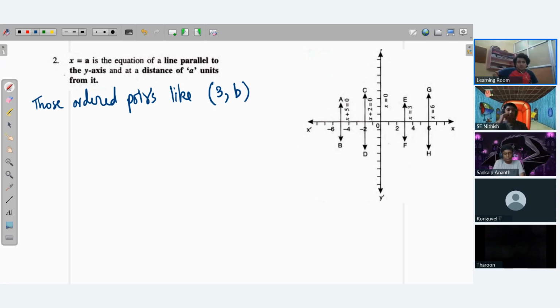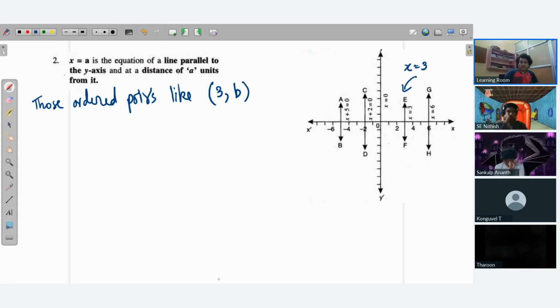If I collect all such ordered pairs and plot them on the Cartesian plane, they are going to give me this line. And this line's equation is x equal to 3.